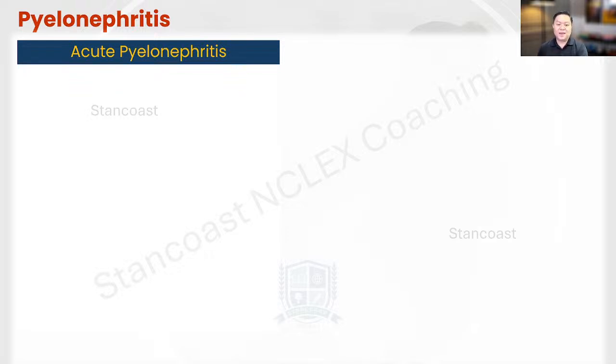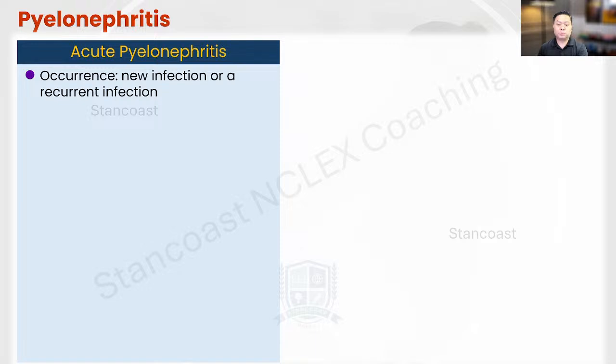The acute pyelonephritis is going to occur as probably a new infection, or it could be a recurrent infection, meaning it will typically hit you out of the blue, and it can be either a brand new infection or a comeback from a previous bout, probably where there was non-compliance with the antibiotic therapy. So imagine just waking up feeling fine one morning, and by afternoon you're already down with a fever and chills. This is classic for the acute pyelonephritis.